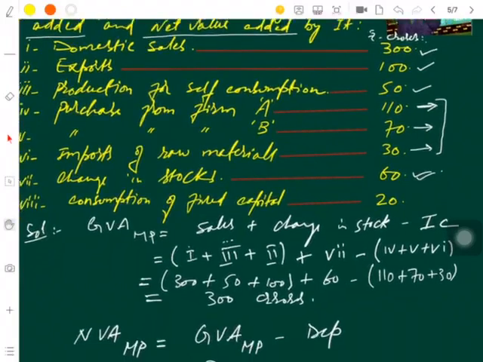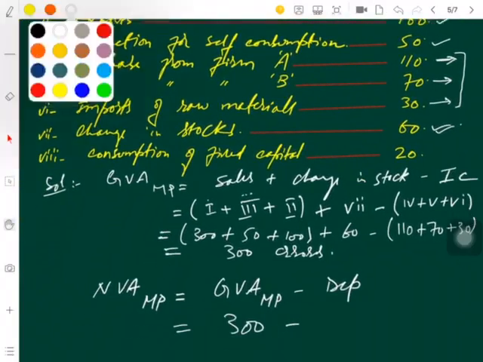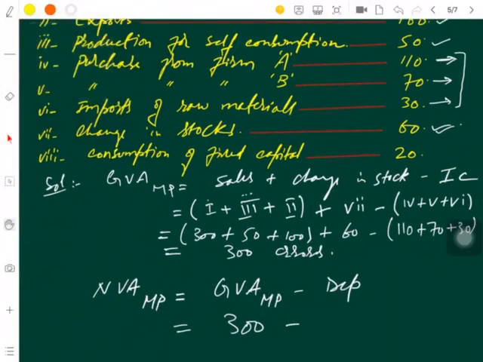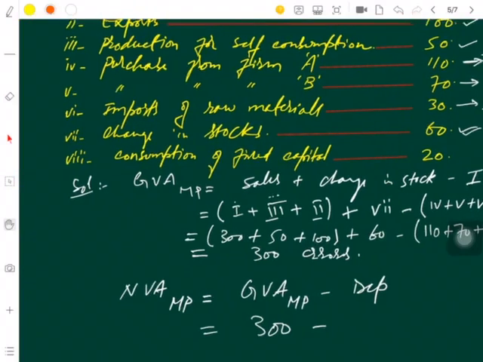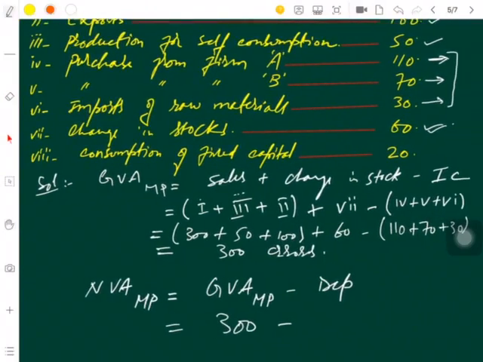Depreciation has not been given, but we have been given the consumption of fixed capital. See here, it is given: consumption of fixed capital. So we know that it is depreciation only, so we will take it like here. So the final answer is 280. This is your final answer.